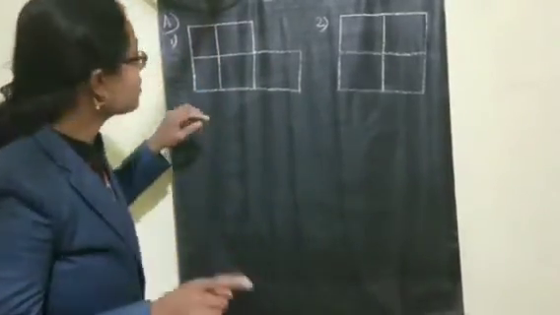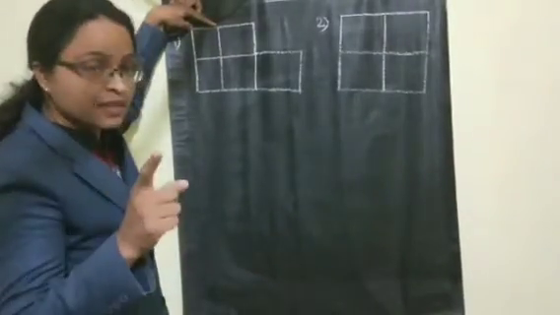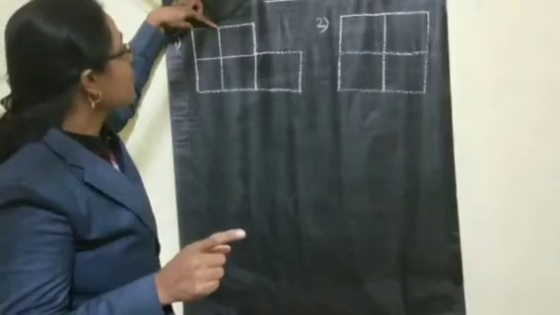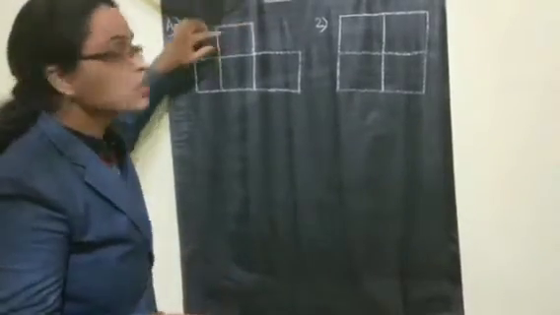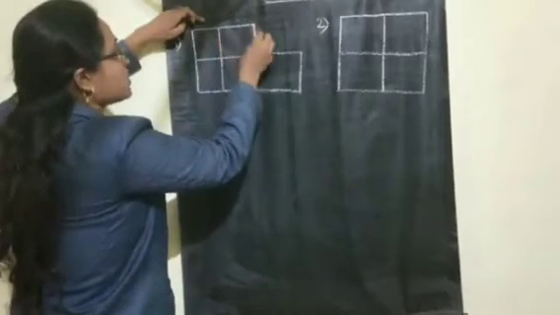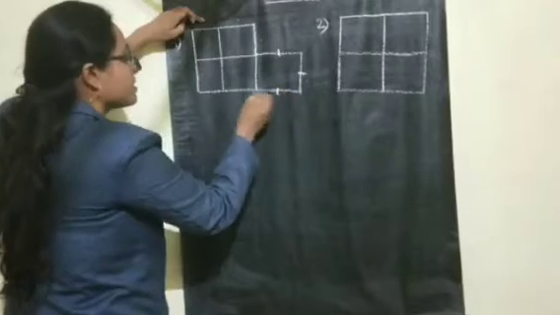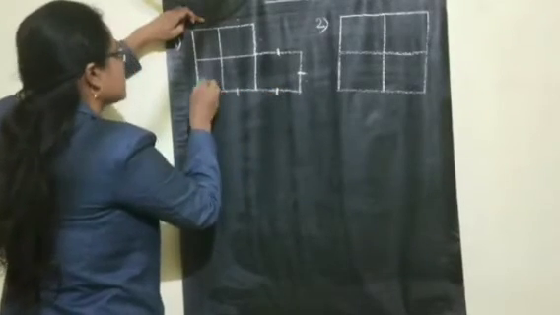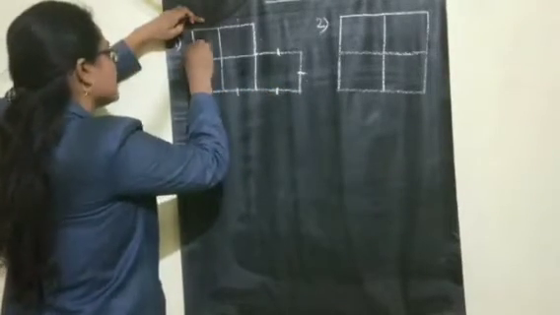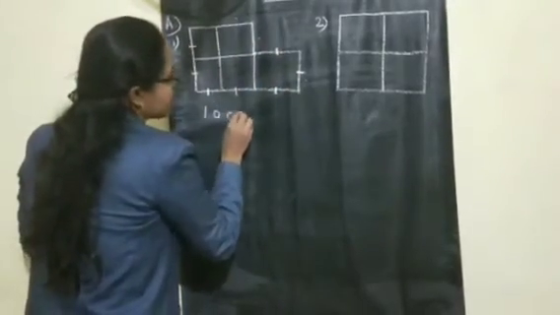Since they have given us a clue that each of these lines is 1 centimeter, we only have to add this boundary. So what we have to do? This is 1 centimeter, this is 2, this is 3, this is 4, this is 5, this is 6, this is 7, this is 8, this is 9 and this is 10. So the perimeter of this whole figure is 10 centimeters, children.